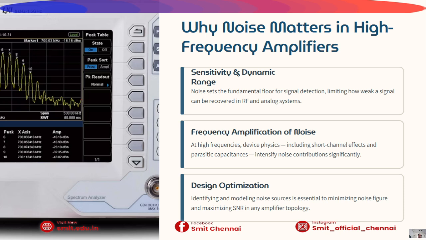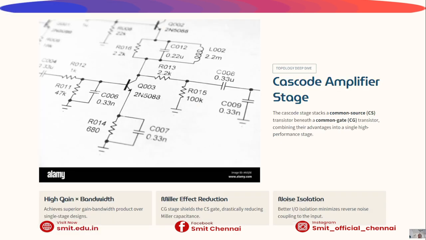At high frequencies, device parasitics, short channel effects and transistor limitations increase noise contributions. Therefore, accurate noise modeling and optimization are essential to achieve a low noise figure and a high signal to noise ratio, commonly called SNR.